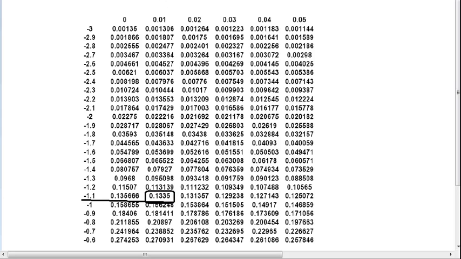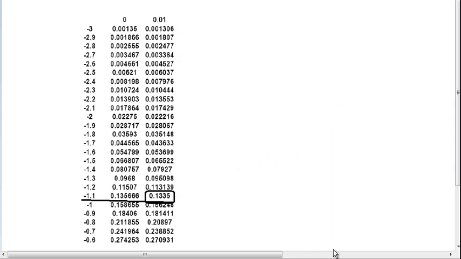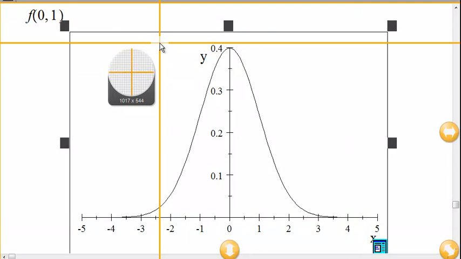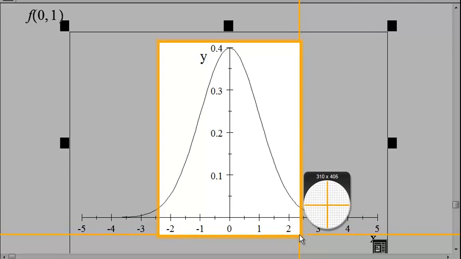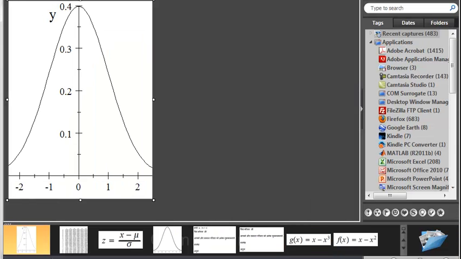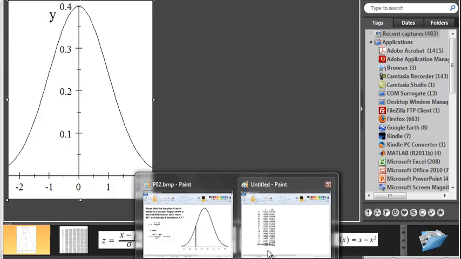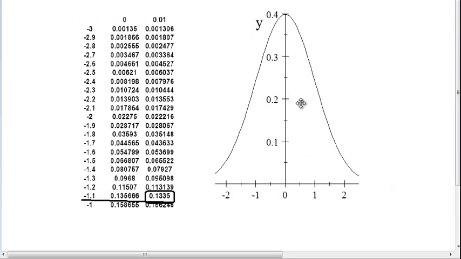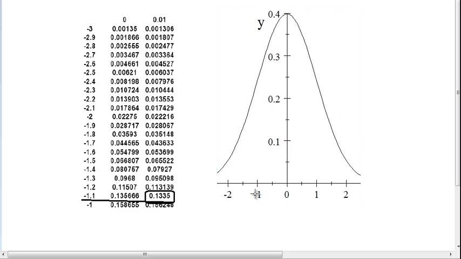Okay, so what it simply means is this: the area to the left of negative 1.11 is how much?